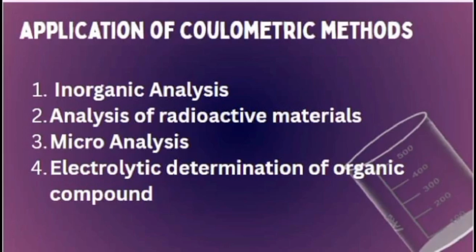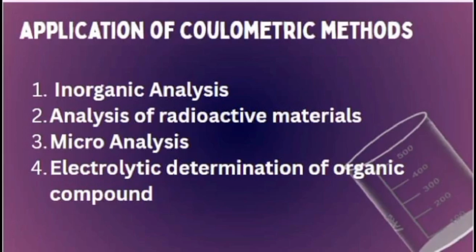For example, in determining the amount of plutonium in a spent nuclear fuel sample, a controlled potential is applied, causing a redox reaction involving plutonium. The charge consumed is directly proportional to the amount of plutonium present.